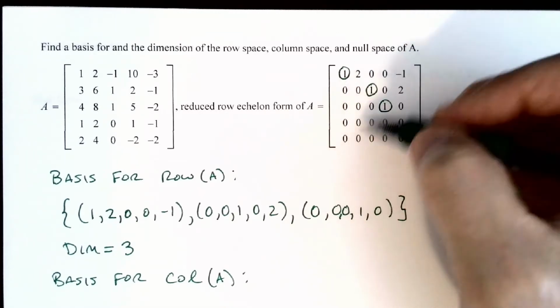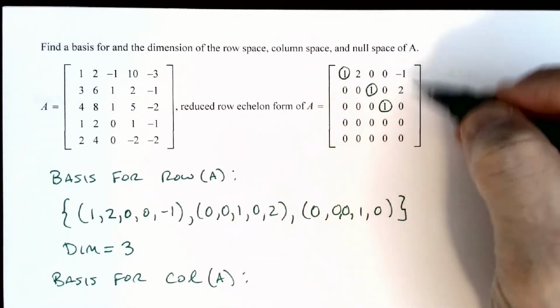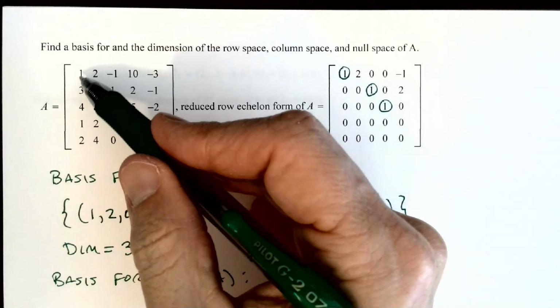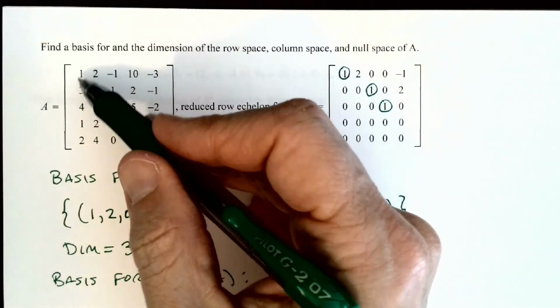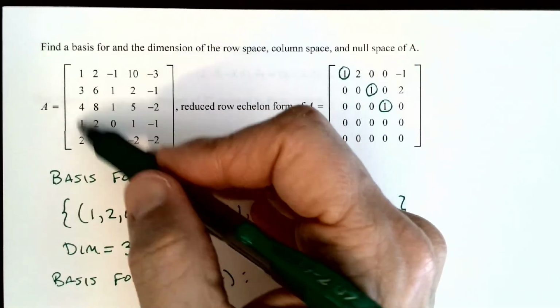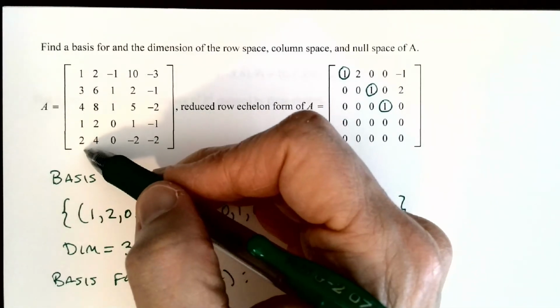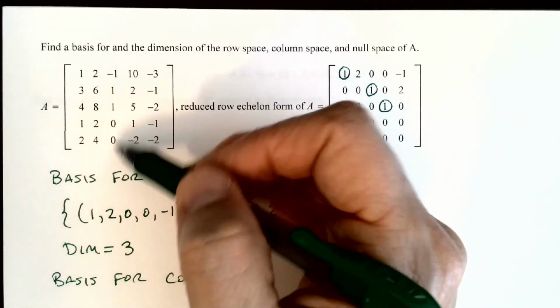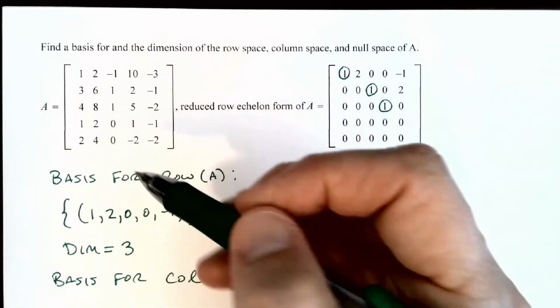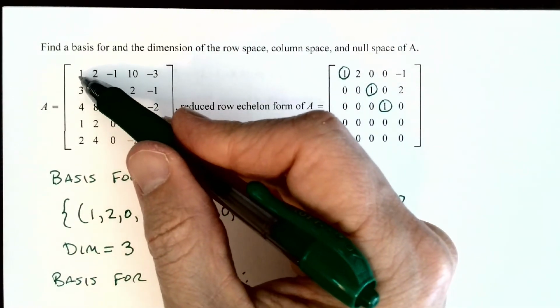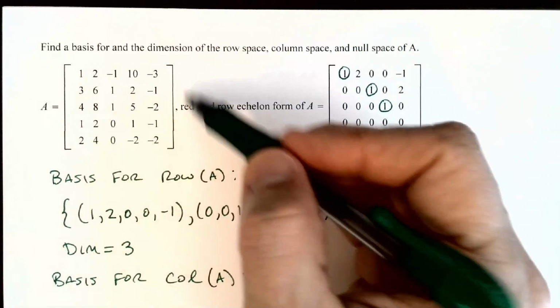But just look at any linear combination of these columns. Is it possible to get, for instance, the first column in this matrix? This first column is clearly in the column space of matrix A, right? Any column in the matrix is automatically in the column space: just take one of this column and zeros of everything else.